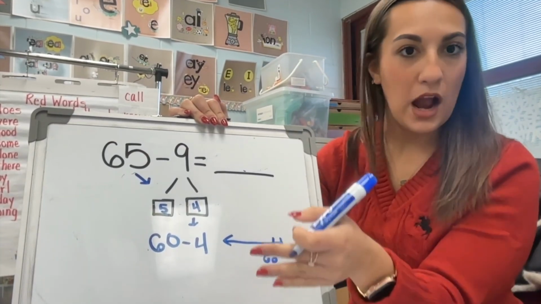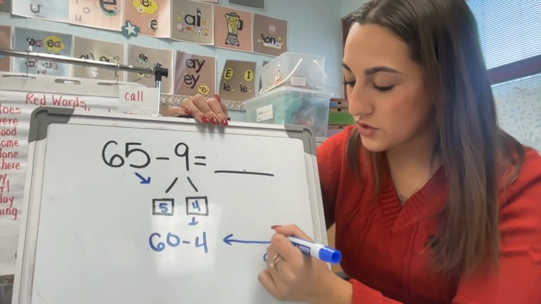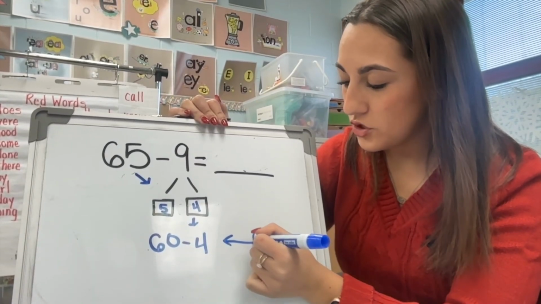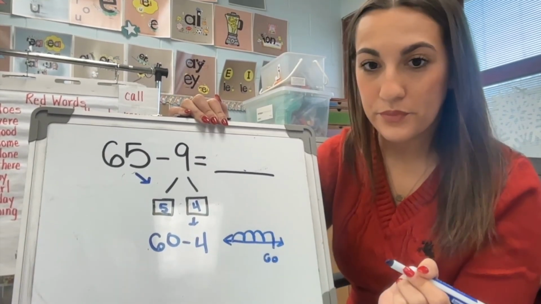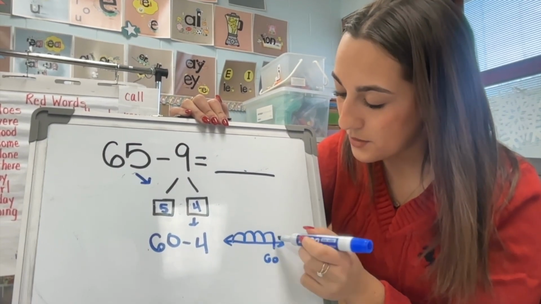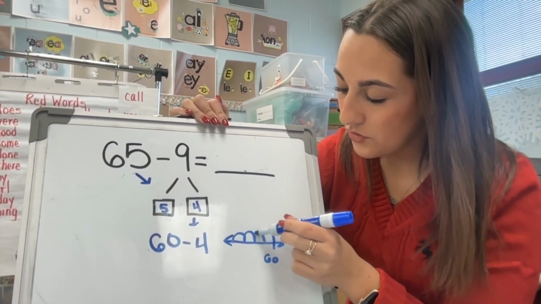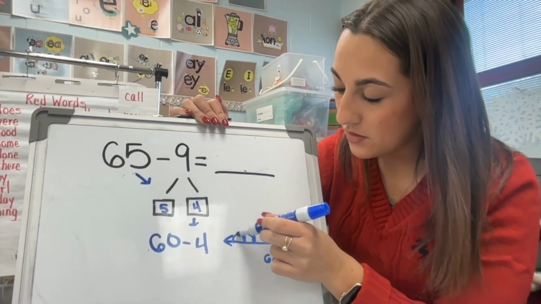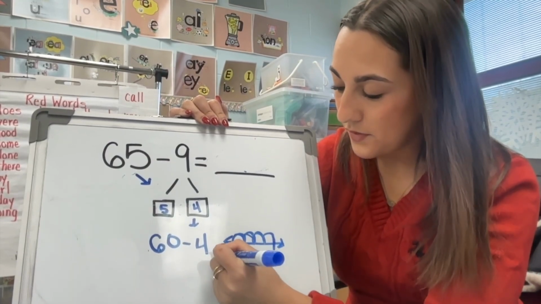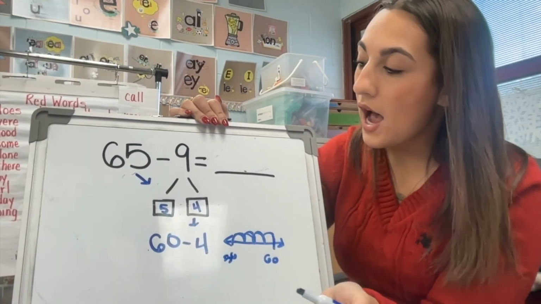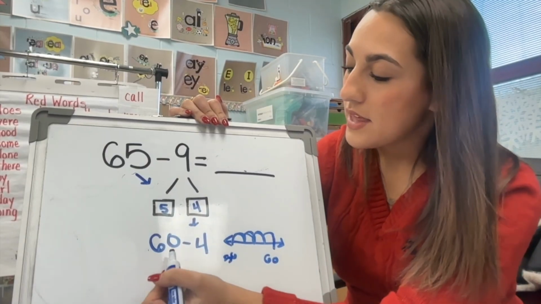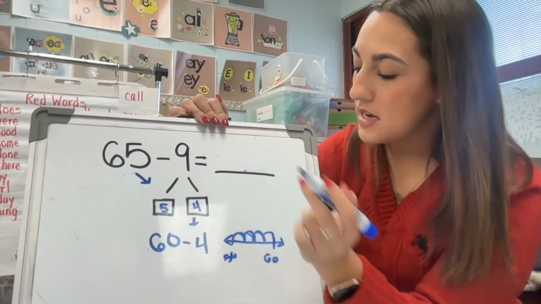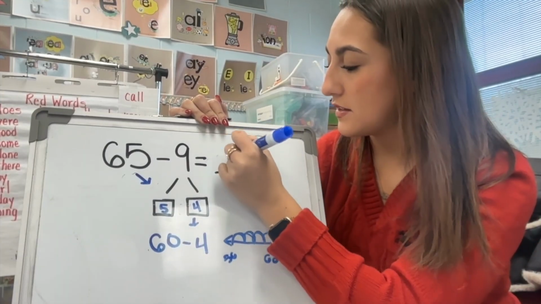Now we're working backwards, so I'm going to subtract 4. 1, 2, 3, 4. Now we're going to go back: 60, 59, 58, 57, 56. So I now know that 65 minus 9 equals 56.